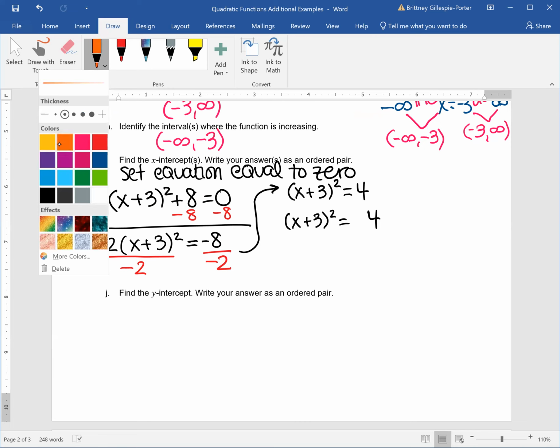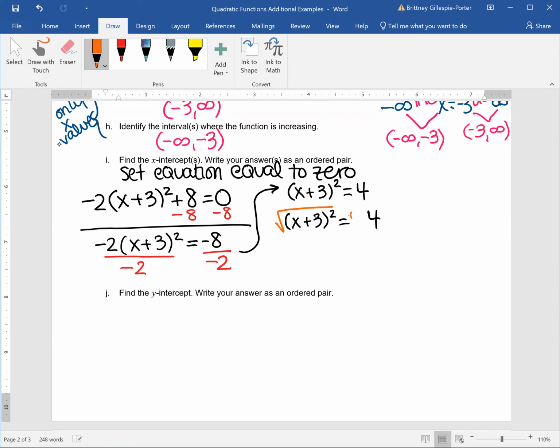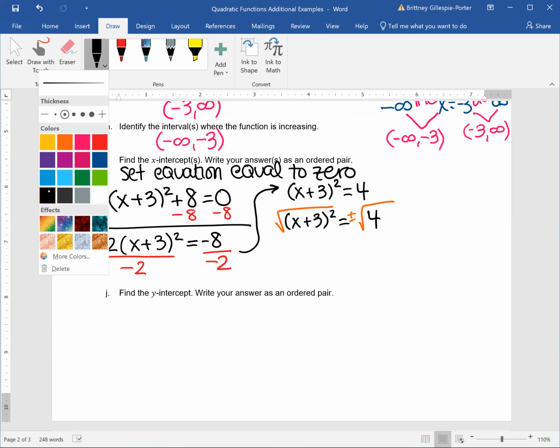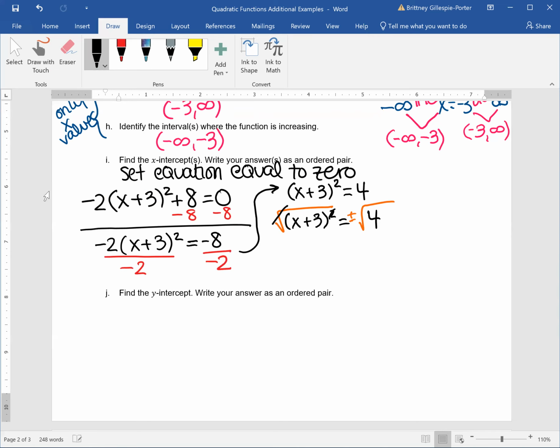Because we have the square by itself, we can take the square root property, which means that we are going to take the square root of both sides of the equation, remembering your plus or minus on the right-hand side. On the left-hand side, the square root and the square cancel each other out. And on the right-hand side, when you're evaluating your radicals, first thing you do is put it into your calculator.